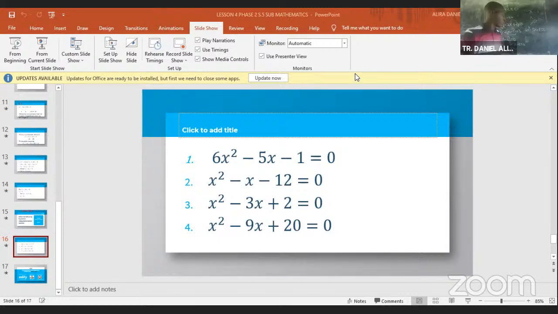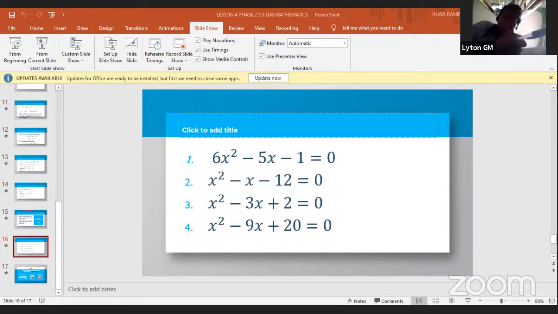Is it -1 or +1? Oh, +1. 6x squared minus 6x plus 1x minus 1, right? Yes. Okay, so it's like that.